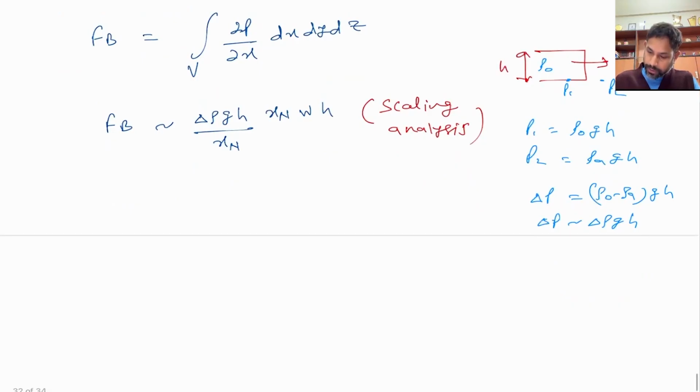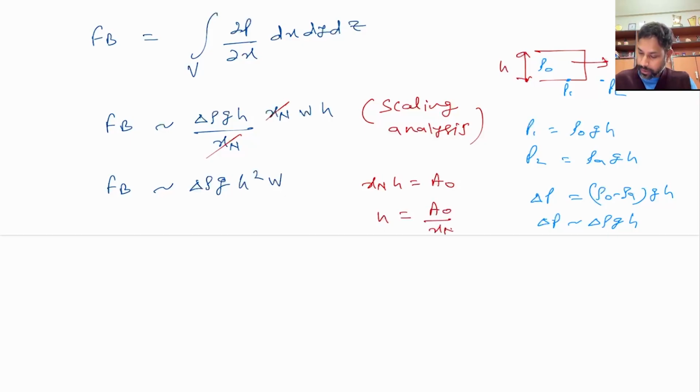All right, so here we see that this xn cancels with the xn there, and we can write this as delta rho g h square w, and h square, if we remember, xn times h is equal to a naught, so h is actually equal to a naught over xn.